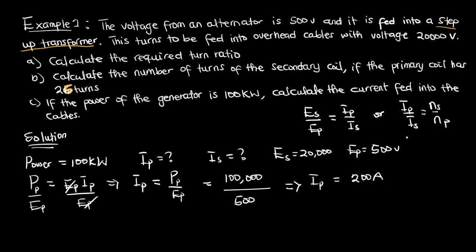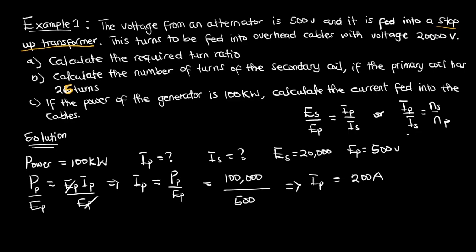I can also use this. Now mind you, NS over NP, we've already found a ratio for it, that is 40:1. So we can use that as well. So any of this will actually give you the final answer, so long as you quote the formula really well.